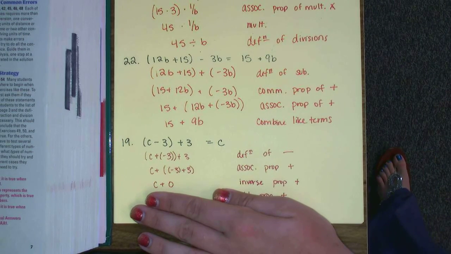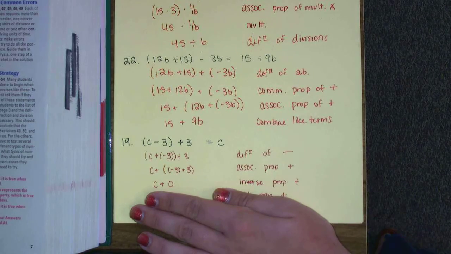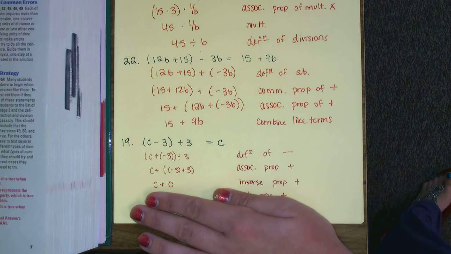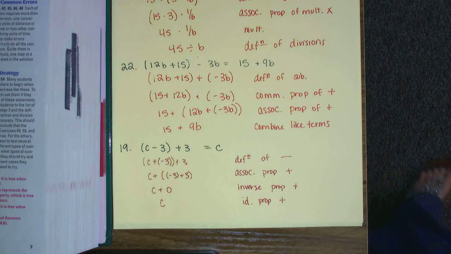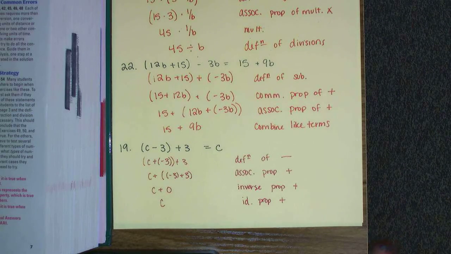The inverse property, the one of a plus negative a is equal to 0. So that's essentially what just happened there. That's what you technically should have, but if you said combining like terms, like I said, I'd be flexible about that. And the last step is the identity. So we get to c.